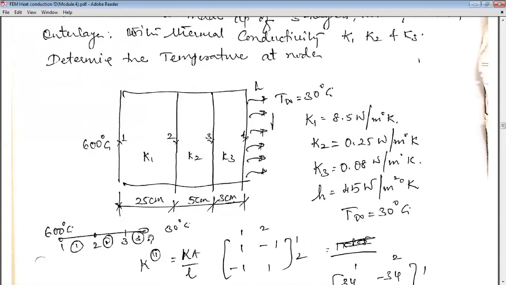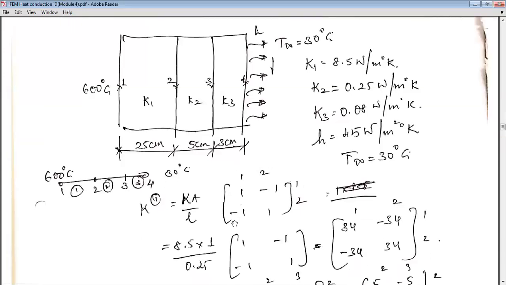Observe here, to the right of node 4, or to the right of element 3, you observe h. It is to the right, not to the left. You have seen the equations just before. So there are 3 elements. 600 is the nodal temperature specified at this end. Now T2, T3, T4, everything you have to find.